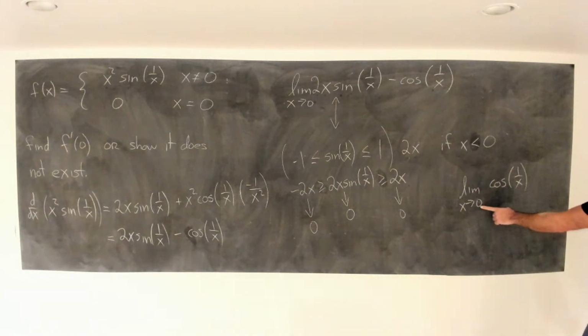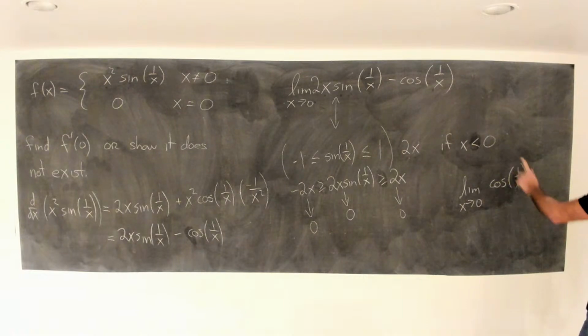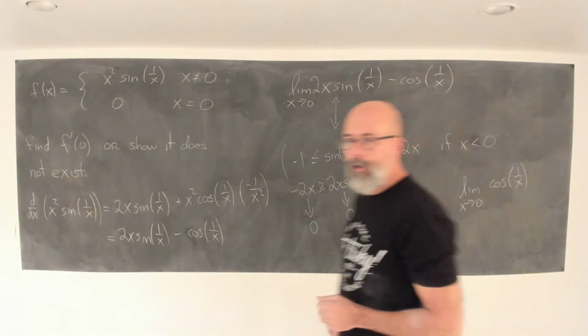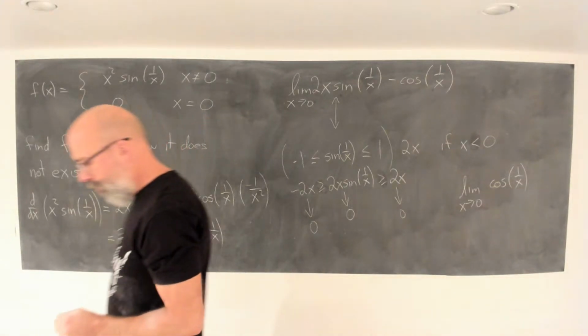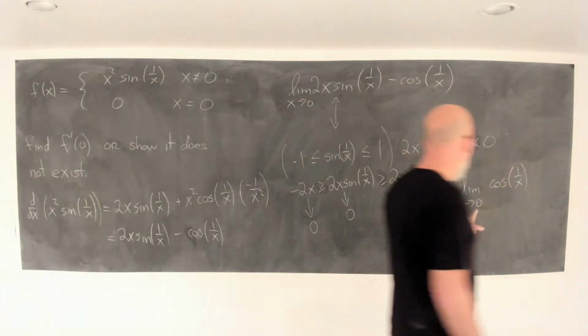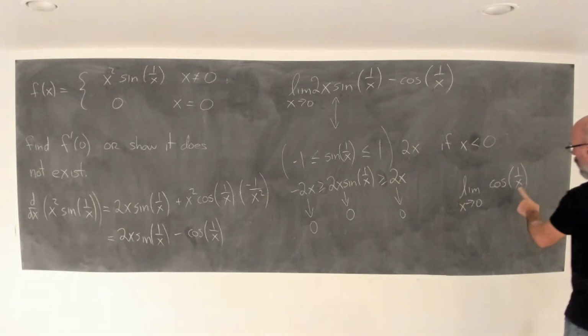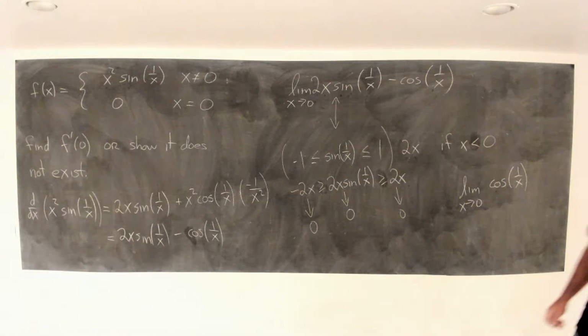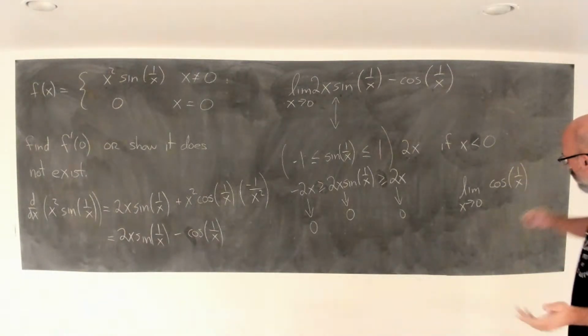But this limit, as x goes to 0, 1 over x goes to some sort of infinity. If x goes to 0 from the right, this goes to positive infinity. And what is cosine of positive infinity? Well, you know what cosine looks like.